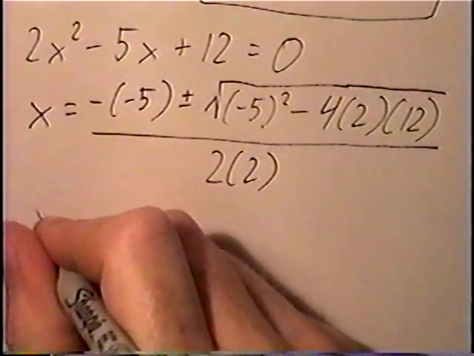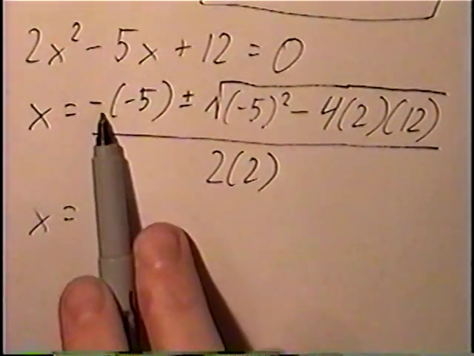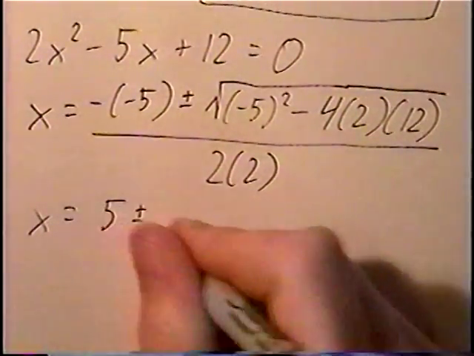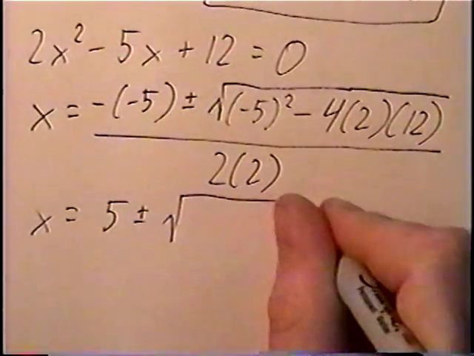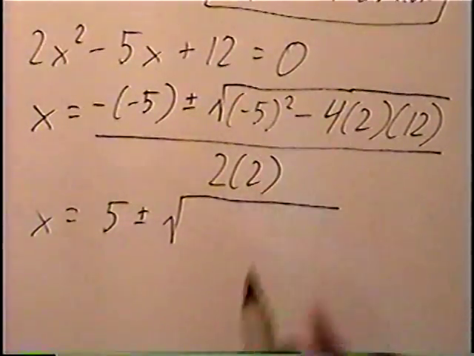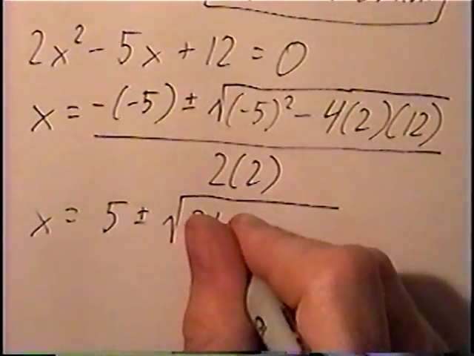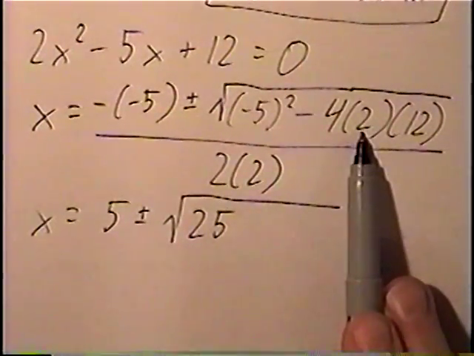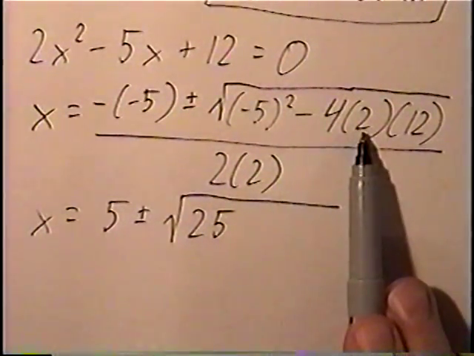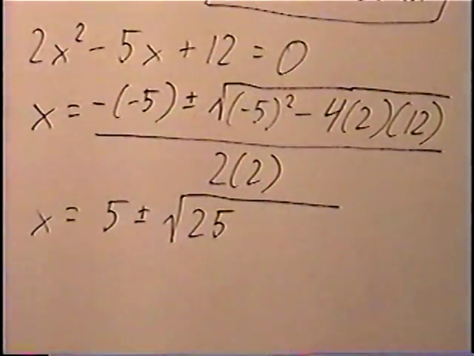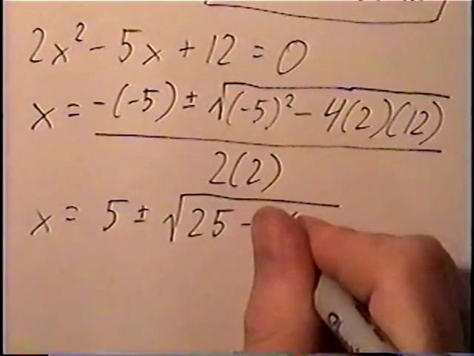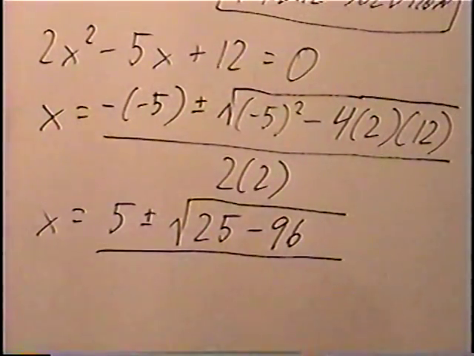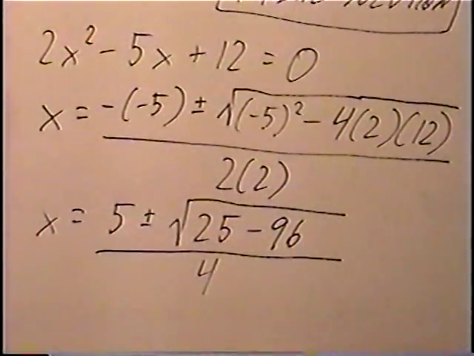Simplifying, x equals negative negative 5 would be positive 5, plus or minus the square root, negative 5 squared would be 25, and negative 4 times 2 would be negative 8, and negative 8 times 12 would be negative 96, divided by 2 times 2, which would be 4.